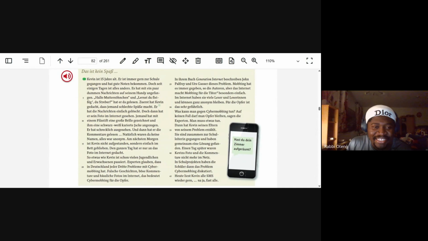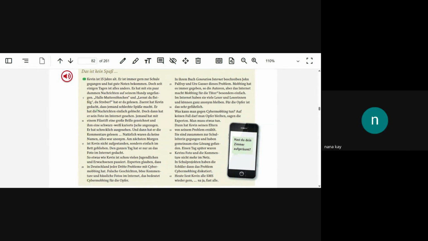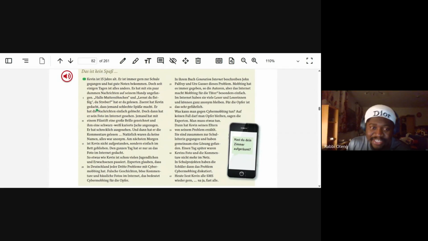So, was hat Kevin gedacht? Which verb is here? Gedacht, what is the infinitive form of gedacht? Denken. Yeah. What's the past tense for denken? Dachte. Okay, then the perfect is gedacht, hat gedacht.